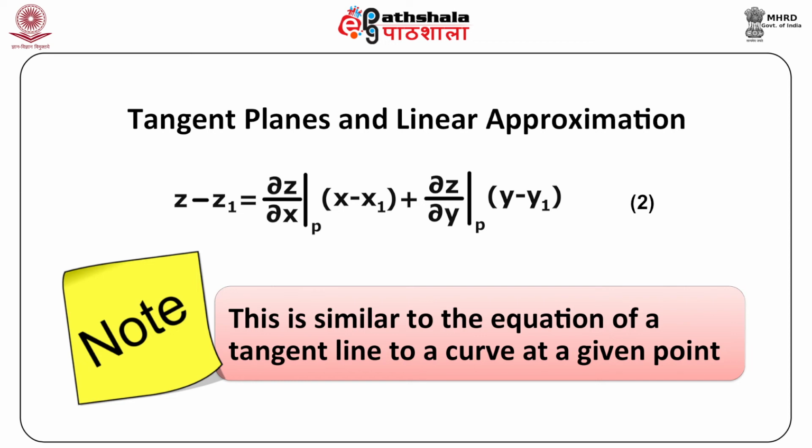Thus, the equation of the tangent plane will be given by z minus z1 is equal to del z by del x at P (x minus x1) plus del z by del y at P (y minus y1). Now, note this is similar to the equation of a tangent line to a curve at a given point.